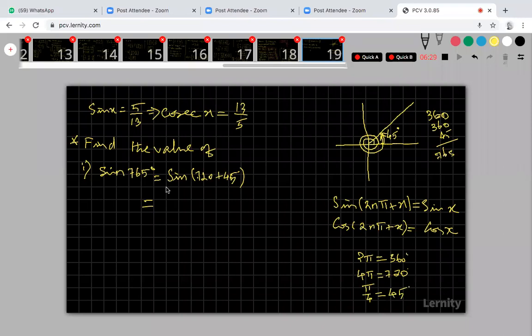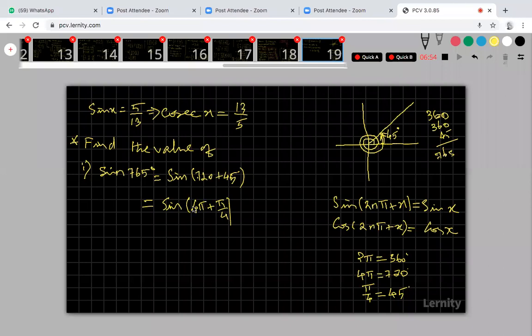So I'm going to apply everything here. I'm going to apply sine of 720. What is 720? 720 is nothing but 4 pi plus pi by 4. Now use this formula: sine of 2n pi plus x is sine x.